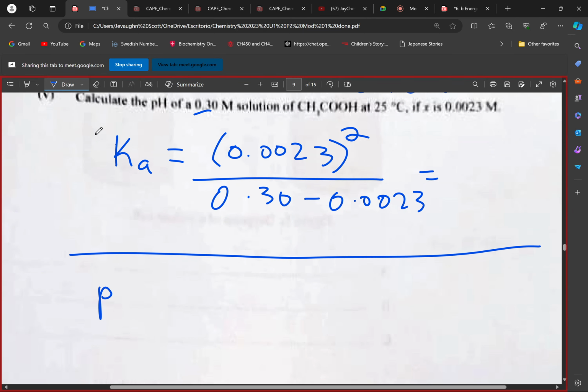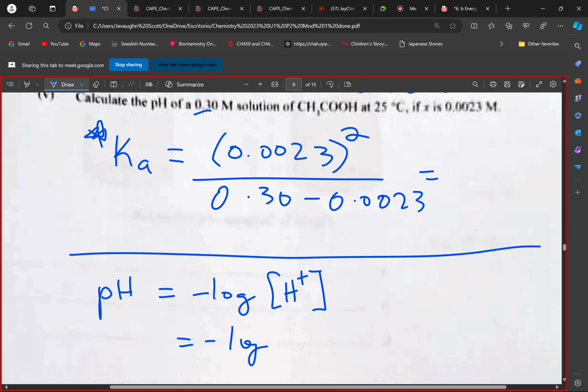Alright. So leaving the Ka, people are suggesting that pH would be used as a negative log of the hydrogen ion concentration, and I think what you guys are suggesting is that we negative log 0.0023. That's what you guys want to do? Everybody agrees with this approach?